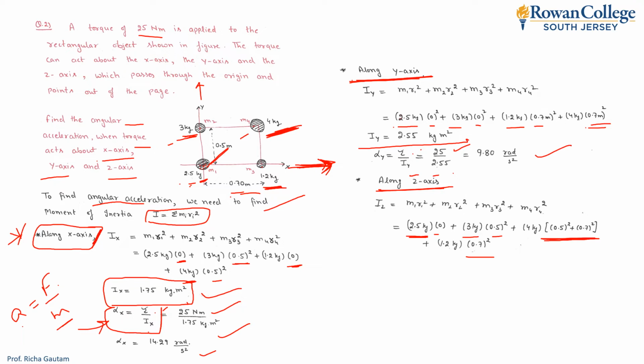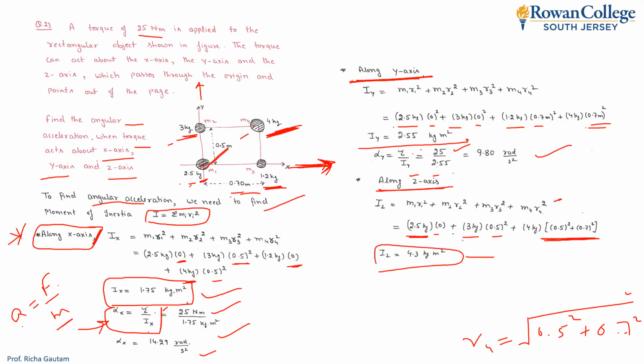So basically your r4 is equal to the square root of 0.5 squared plus 0.7 squared, and since you are squaring in this formula, you're going to take out the square root. That's it, and when you do the calculation, you will get Iz equal to 4.3 kilogram meter squared.